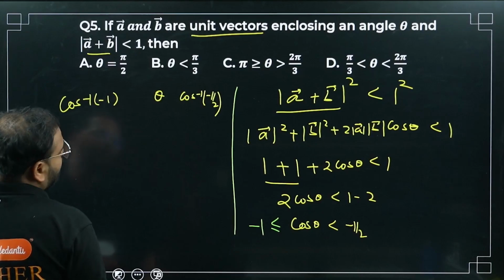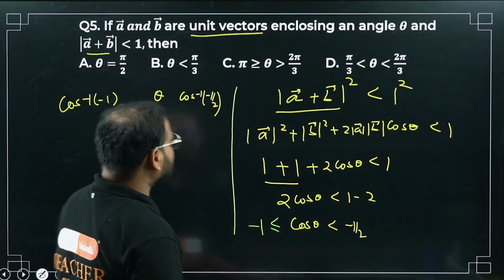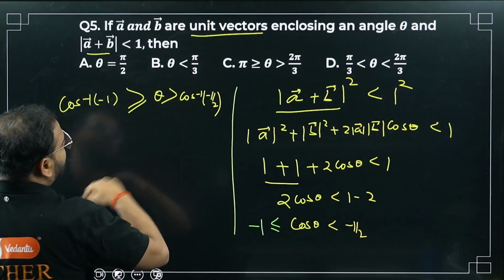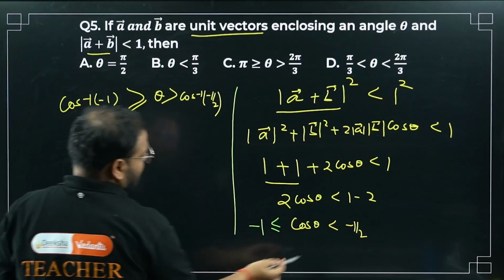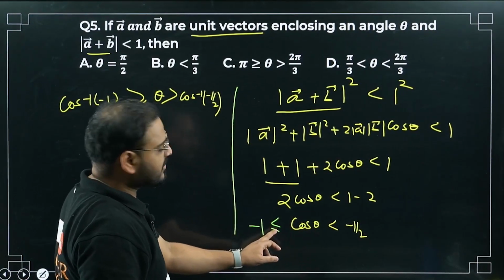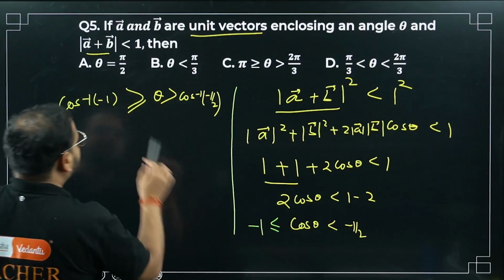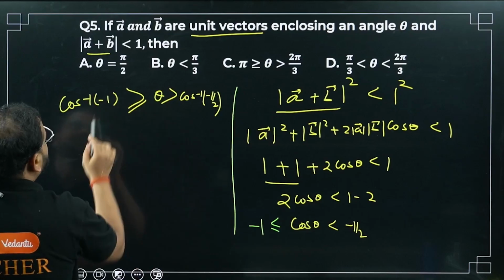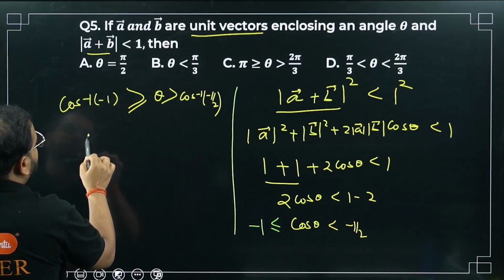Now, what will happen to the inequality? It will reverse, because cos is a decreasing function. So less than will become greater than, and less than or equal to will become greater than or equal to. Cos inverse of minus 1 is how much? It will be pi.